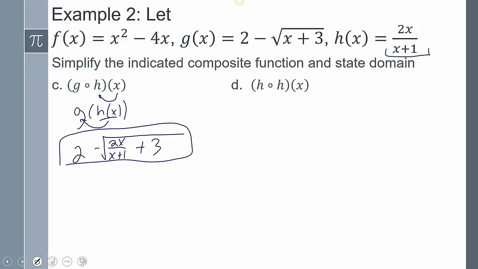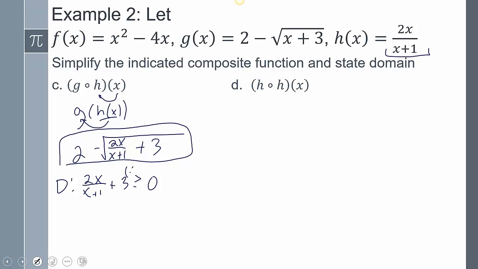And so now we get to do the fun part of finding our domain. And so our domain here, first, we have to say 2x over x plus 1 plus 3 has to be greater than or equal to 0. Now that this is a rational inequality, we have to try and combine these together.